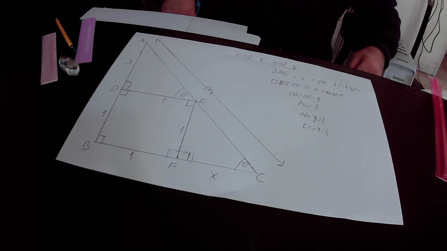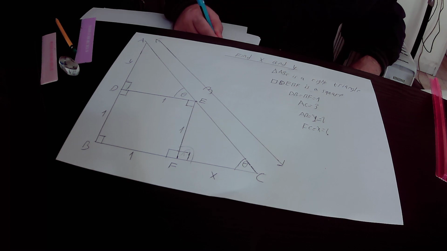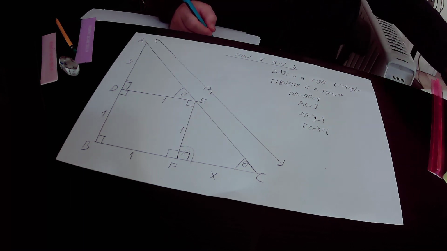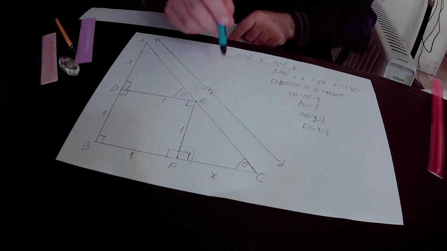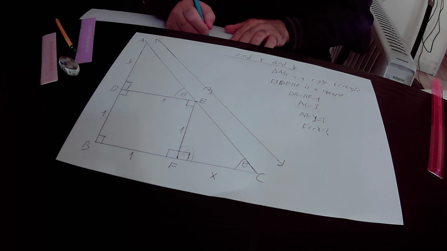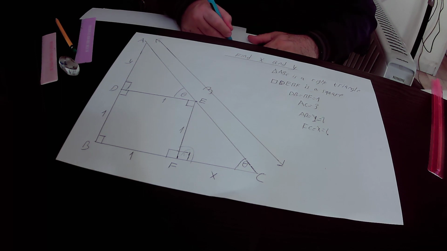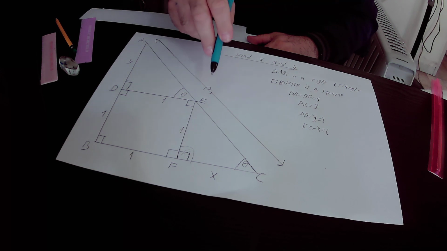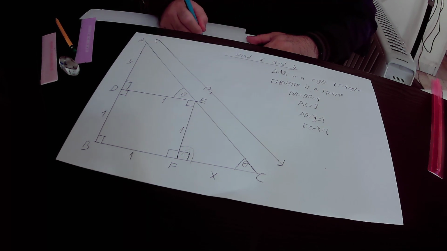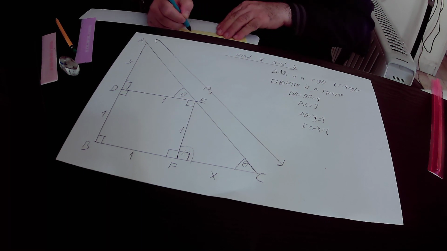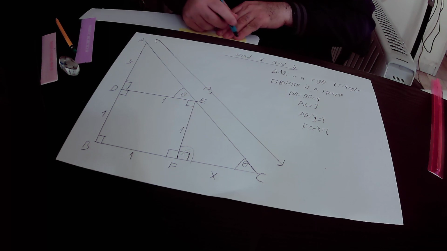In this right triangle, we know that tangent theta equals EF over FC. I'll repeat again.